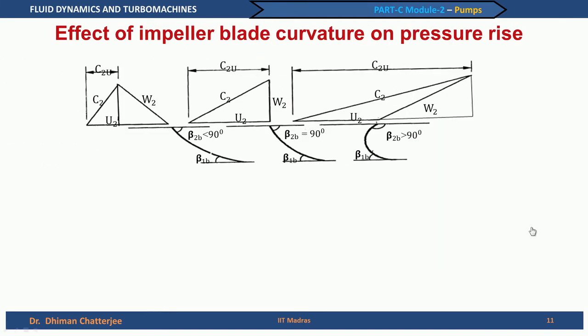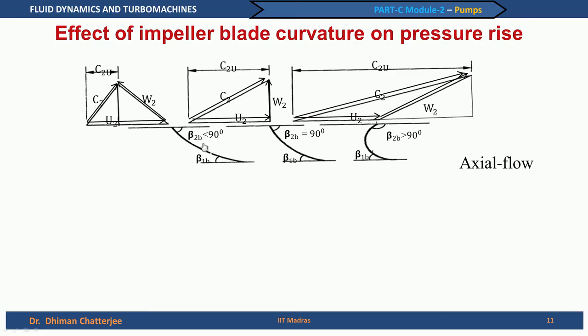So, let us look at this for an axial flow machine. Axial flow pumps we have already discussed, and the flow takes place from 1 to 2. What we see here is that from left to right the blade angle increases.